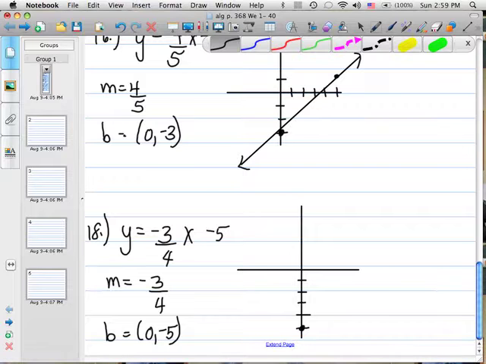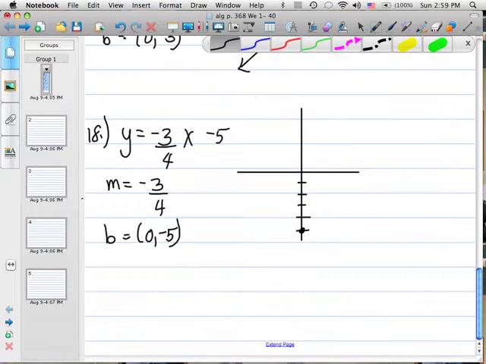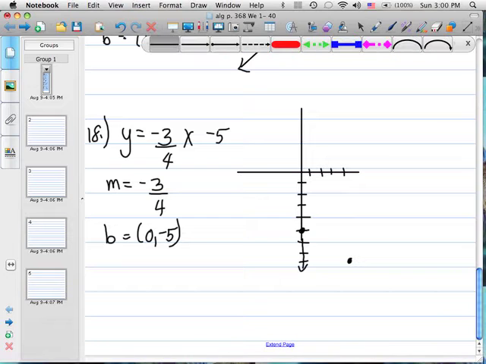The slope says down 3, so we'll have to extend this line a little bit. Down 3, 1, 2, 3, and right 4. 1, 2, 3, 4. Down 3, right 4 is our second point. And it's a negative slope, so the line should be going down from left to right, and it is.